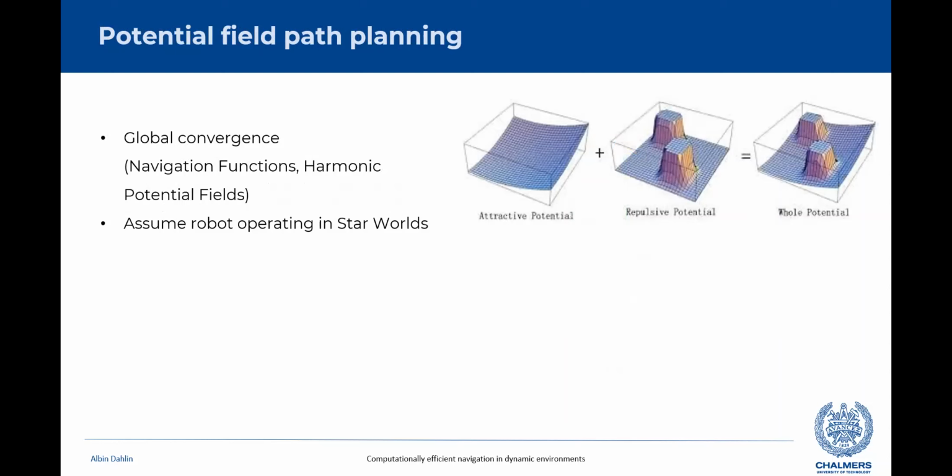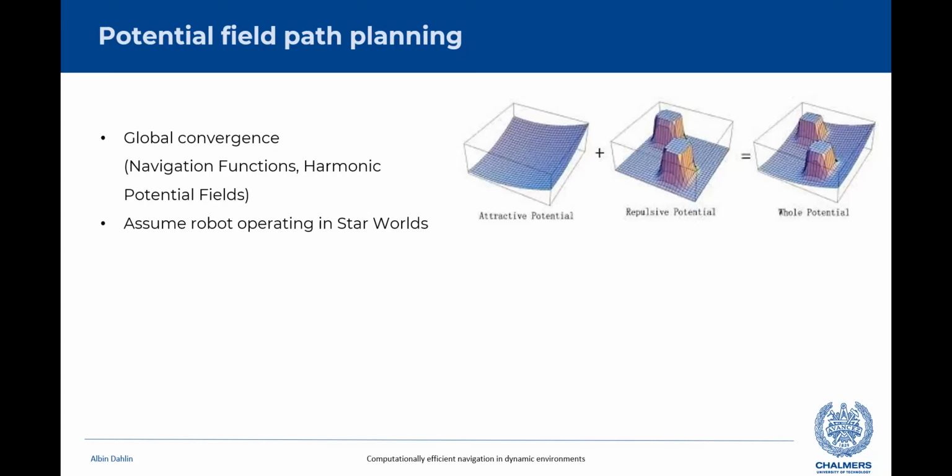The combination of these two potential fields then results in a potential field, and the robot movement can be decided by the gradient descent of this resulting potential.